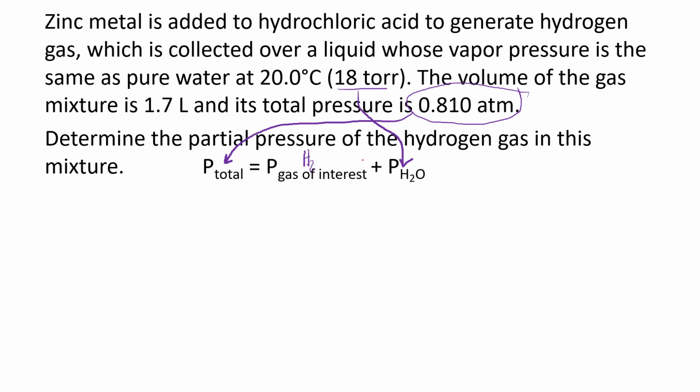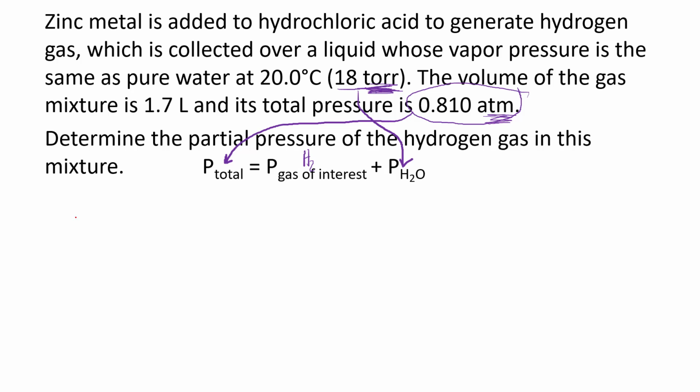And so what we first have to do is, you might think, wow, that's easy. Just take the total and subtract this pressure here of the other liquid, and you'll end up with this. One small problem, though. I hope you notice what's different about these two pressures. Any guesses now that I'm underlining it like crazy? Yeah, they have to be in the same unit.